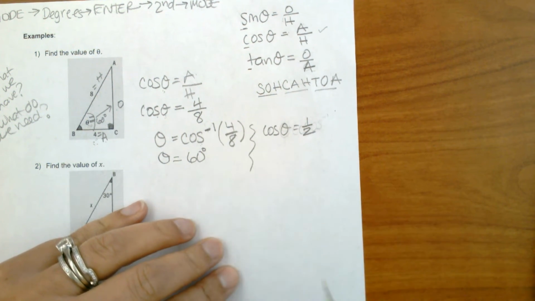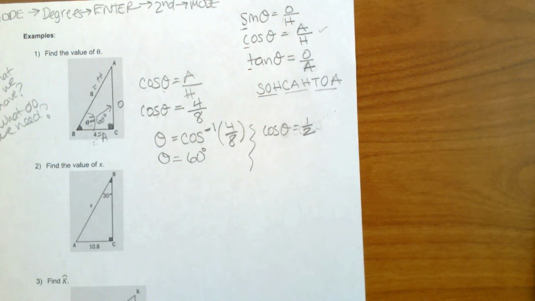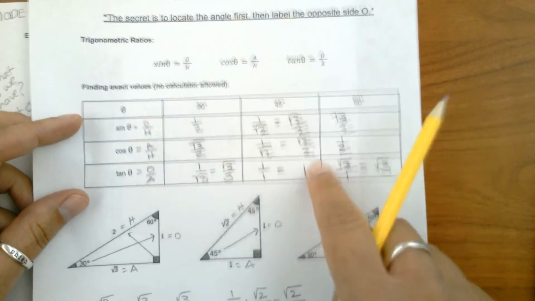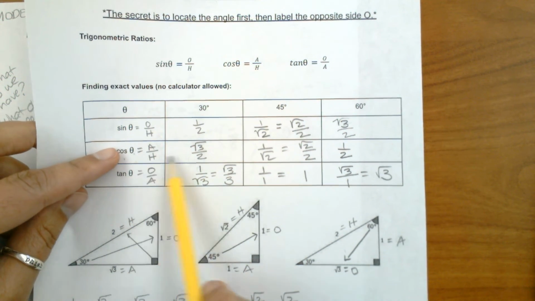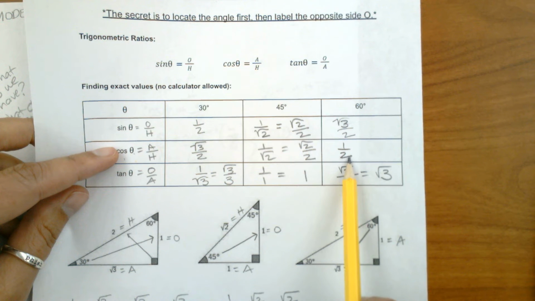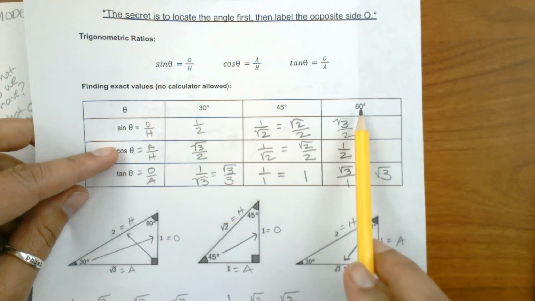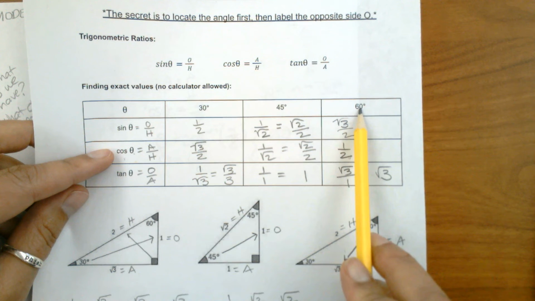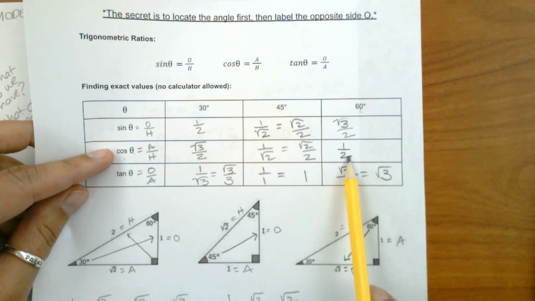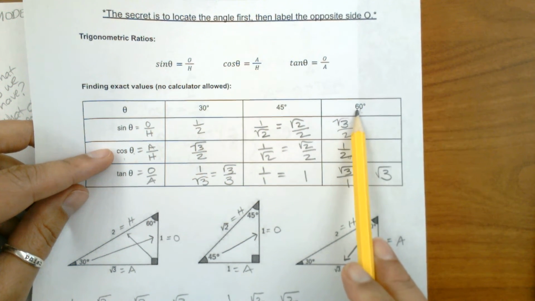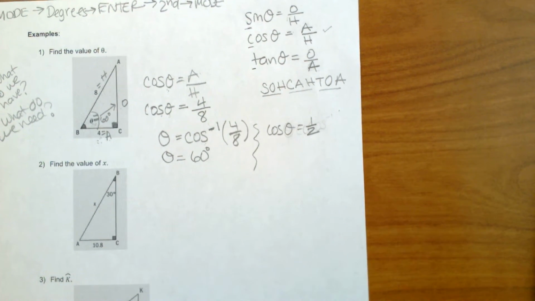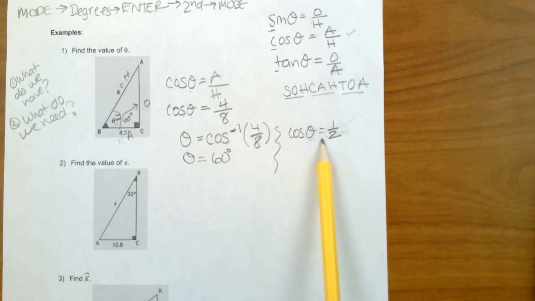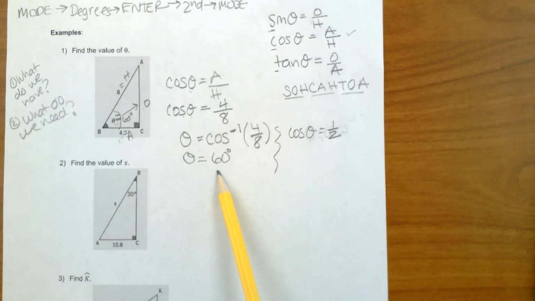You would have taken out your handy dandy sheet, and you would have said, okay, cosine of theta equals 1/2. Oh, that's right here. So the angle measurement must be 60. So this is how you use our trigonometric ratios to get to an angle measurement. You now know how to do it both ways: 1, using our table, or 2, using our calculator.